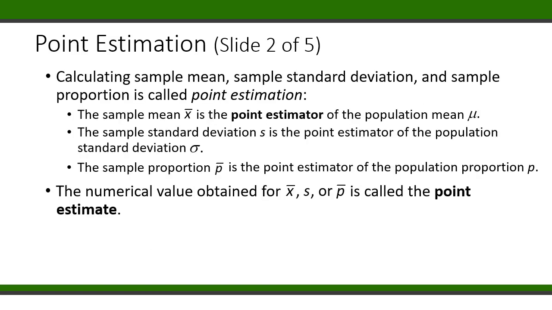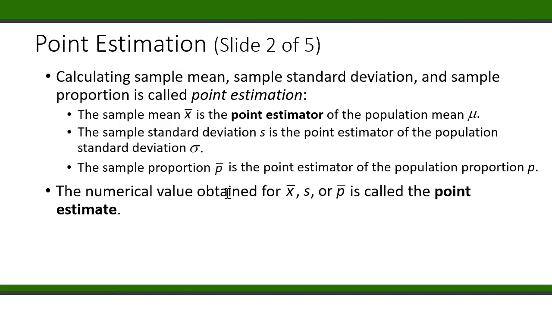So calculating all of that is called point estimation. We're calculating the mean, the standard deviation, and the sample proportion. The sample mean is the point estimator for the population mean. The sample standard deviation, s, is the point estimator for the population standard deviation.